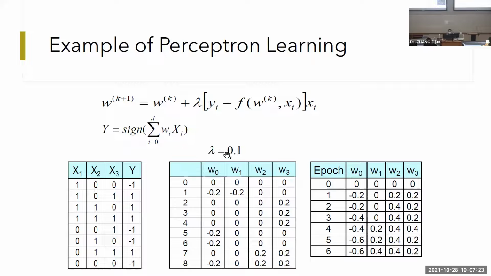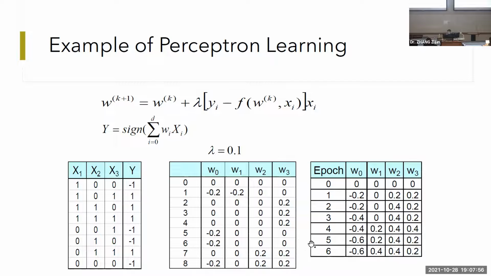Then here we show that if we set learning rate equal to 0.1, lambda equal to 0.1, then 8 iterations of feeding data into this neural network and how those weights get updated, and after a number of epochs of feeding those data into this equation, what the values of W0, 1, 2, 3 change over the epochs.